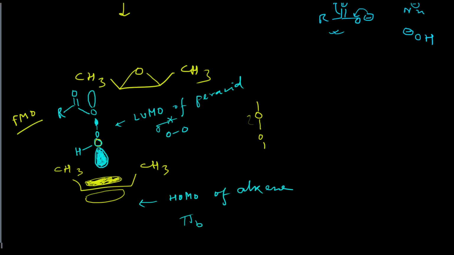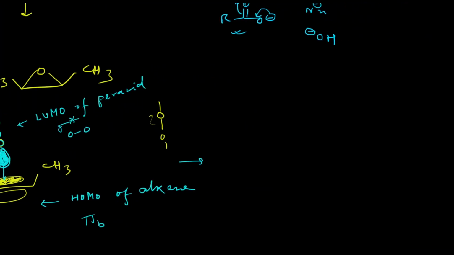These two will interact and this will lead to the formation of our epoxide. So this is basically the interaction between the frontier molecular orbitals. Okay, so let us go into its stereochemical aspects.